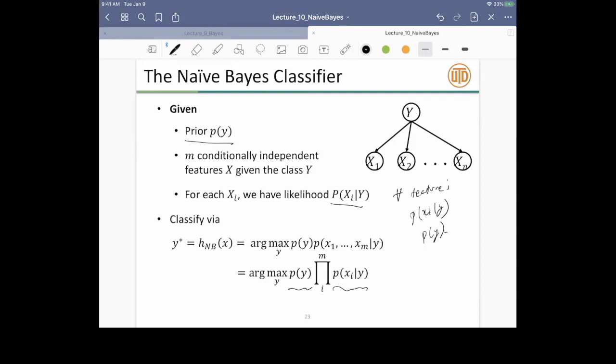What I need to do is an argmax over P of y multiplied by P of xi given y. The reason is that this term, P of y multiplied by P of x1 until xn given y, is nothing but the joint distribution P of x1, x2 until xm comma y.